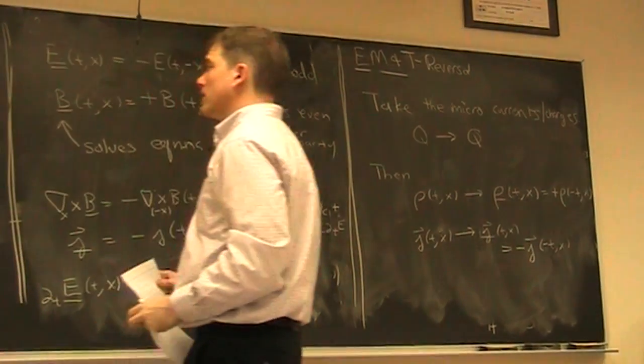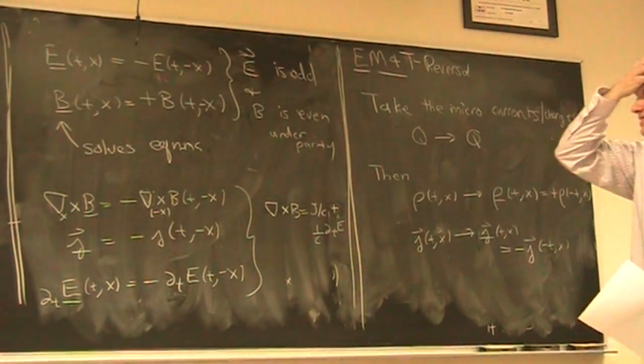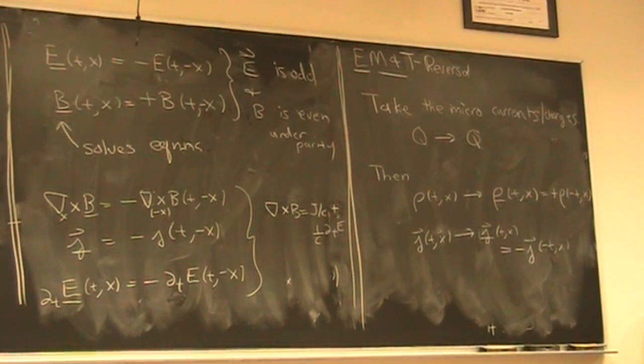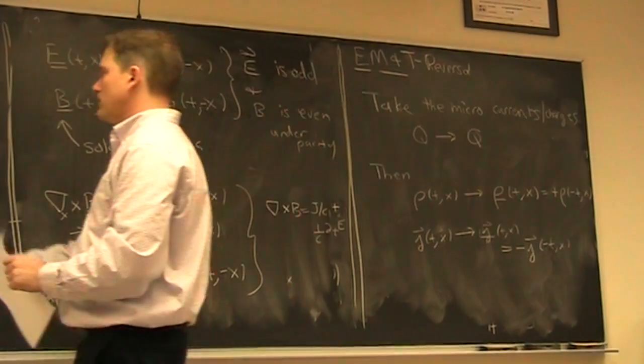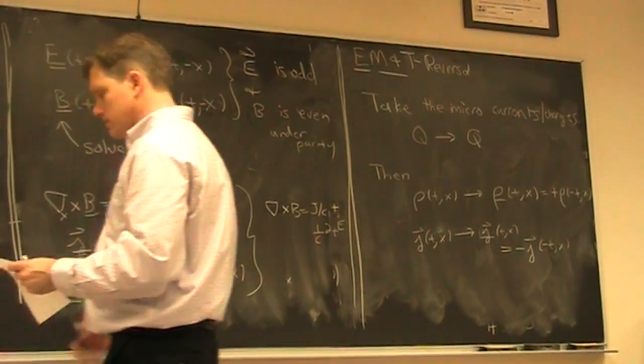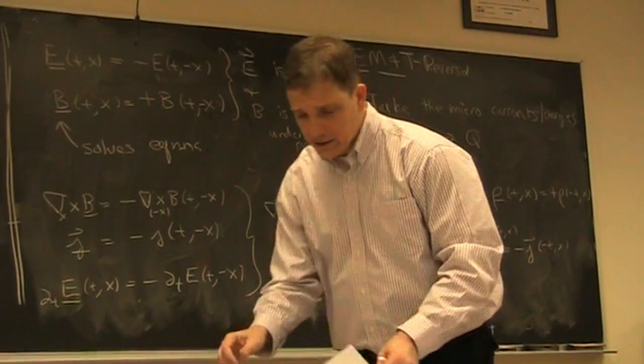Okay, so again, the strategy is the same, so it's still on the board. If E and B of t, x are solutions in the uninverted case, we look for some new E bar and B bar, which are solutions in the inverted case.